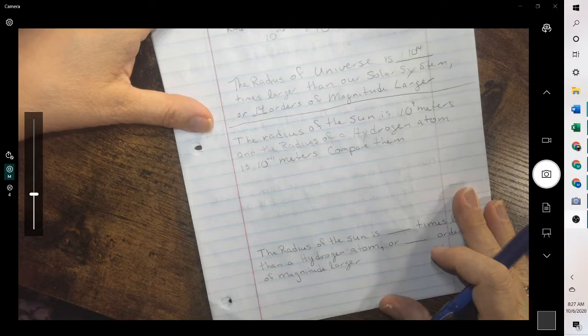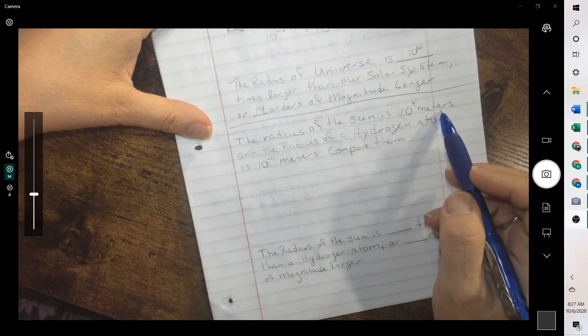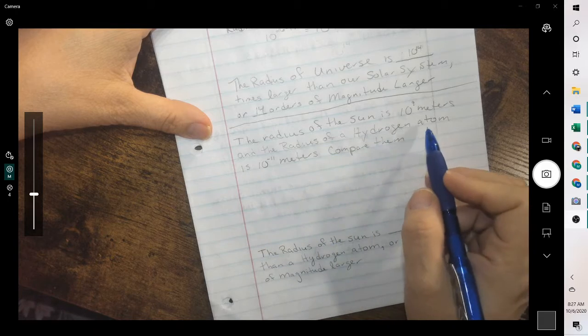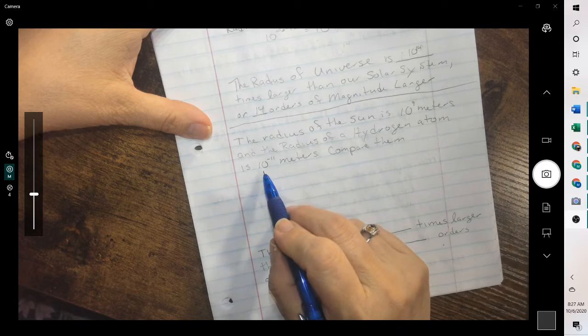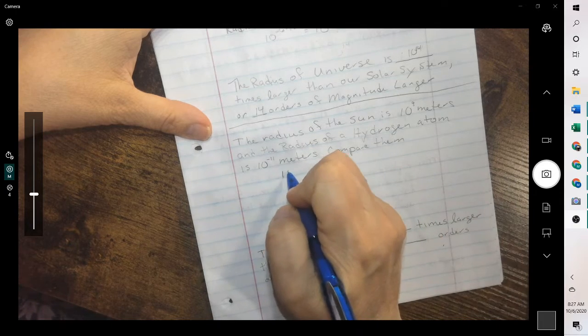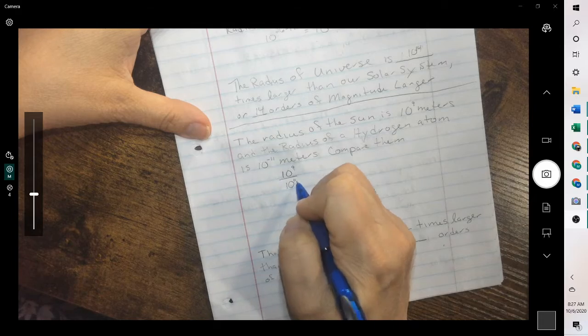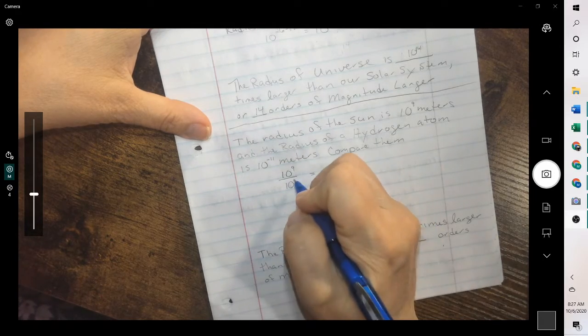Let's look at another one. The radius of the sun is 10 to the 9 meters. And the radius of a hydrogen atom, which is very small, is 10 to the negative 11 meters. To compare them, we can take the 10 to the 9 and divide it by the 10 to the negative 11.